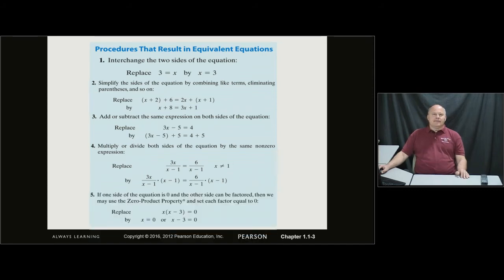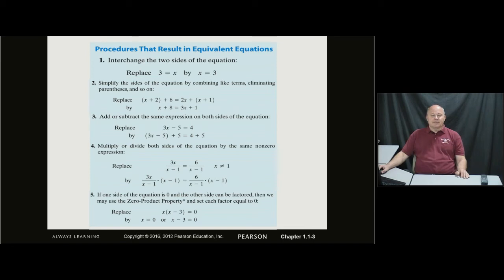Okay? If one of the sides of the equation is 0 and the other side is factored, then we can use the zero product property and set each factor equal to 0. So in other words, if you have x times (x minus 3) equals 0, then x equals 0 or x minus 3 equals 0. It's called the zero product property.